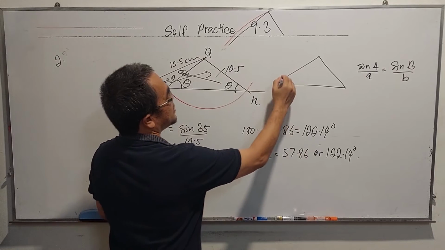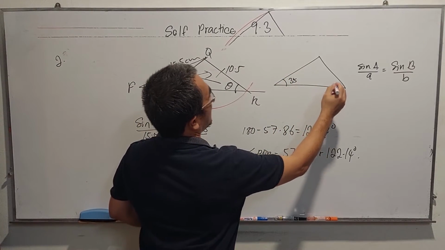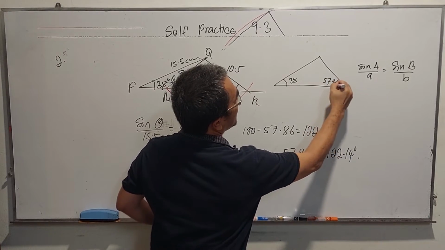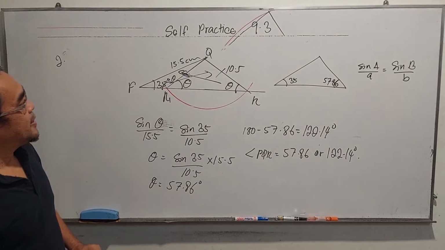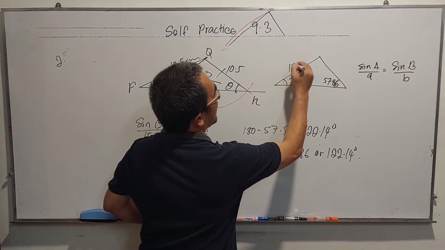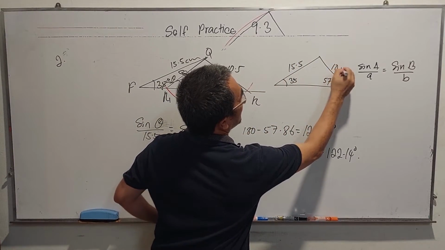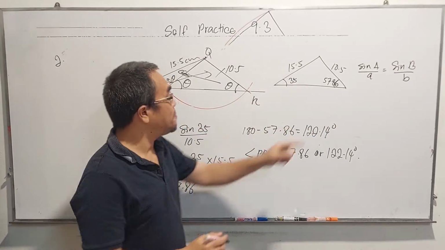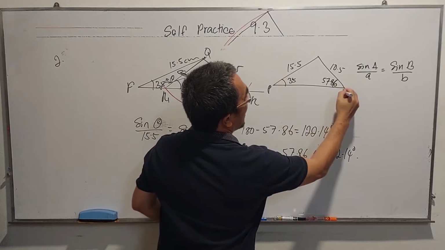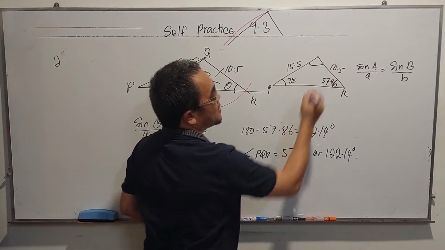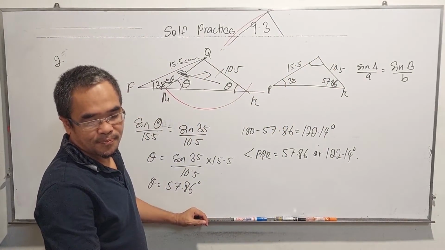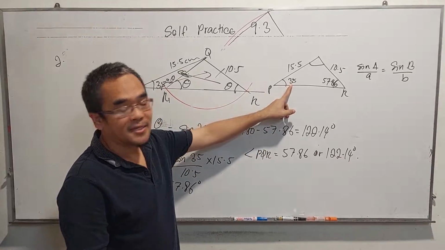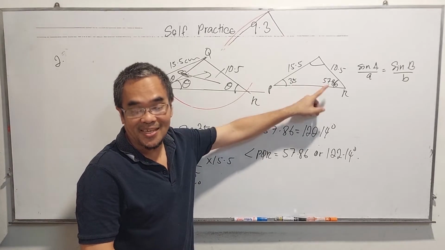Let me sketch that. 35, and here is 57.86, and then 10.5. Because we want to know the length of PR, I need you to help me find the angle here. Is it clear? Okay, 180 minus 35 minus 57.86.